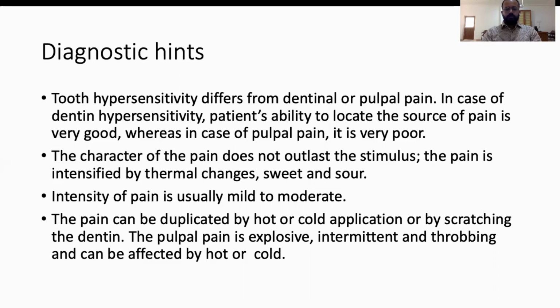Intensity of pain is usually mild to moderate, and the pain can be duplicated by hot or cold application or by scratching the dentine. Pulpal pain is explosive, intermittent, and throbbing and can be affected by hot or cold.